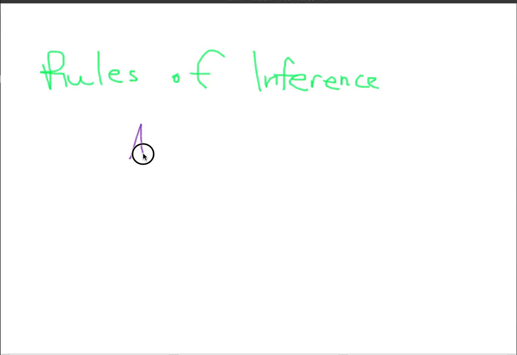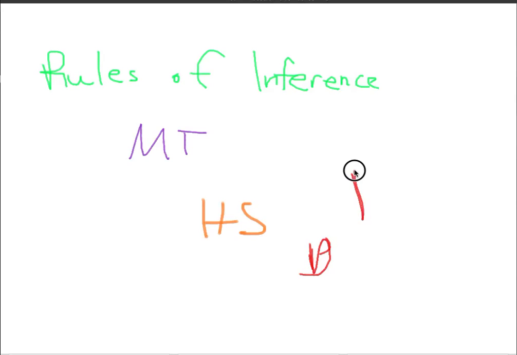Modus Tollens we just had as MT, and you should hopefully be able to remember what rule that is. We also had Hypothetical Syllogism, which we abbreviated as HS. And then we also had Disjunctive Syllogism, just as DS.